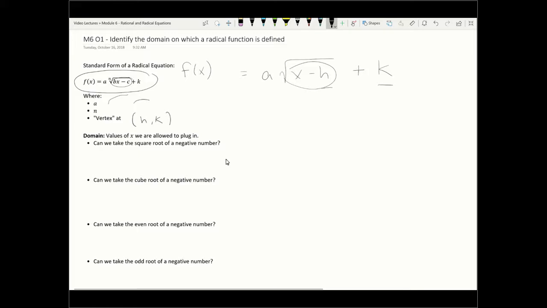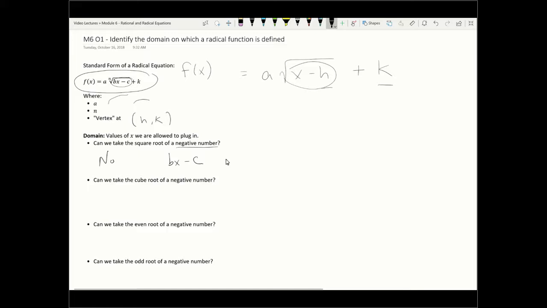So we have a couple questions to ask ourselves. Can we take the square root of a negative number if this n was 2? So no. That tells us that our domain is going to be restricted. And if we think about that, what that tells us is this bx minus c can't be negative.